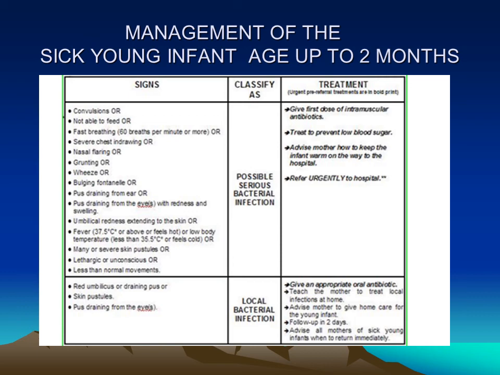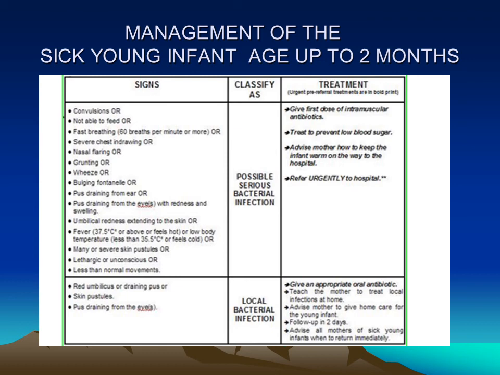Another group of patients is babies younger than 2 months, and you classify them in another classification. There are 2 classifications: first, possible serious bacterial infection, and second, local bacterial infection.